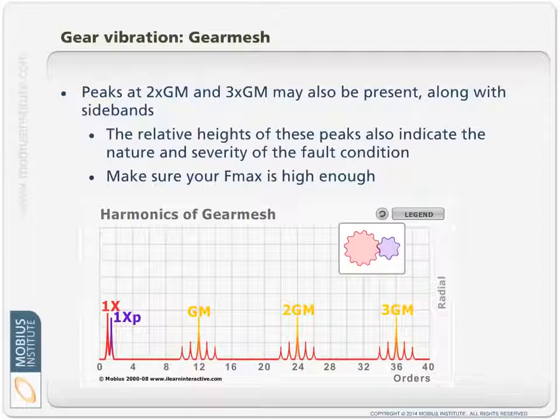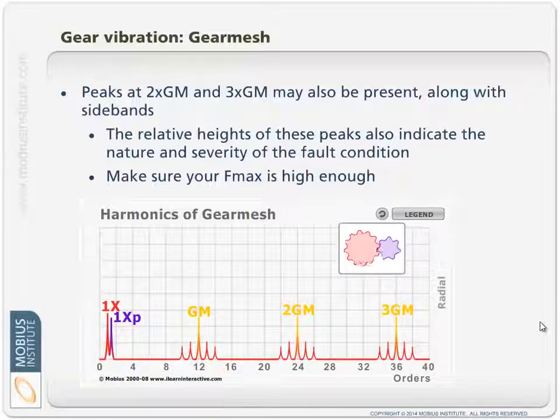Now, a lot of the classical vibration analysis wall charts focus on what happens with the gear mesh, twice gear mesh and 3 times gear mesh frequency. The relative heights and how they change over time give us an indication of the different fault conditions, and you can use those rules to provide an indication of what's going on.